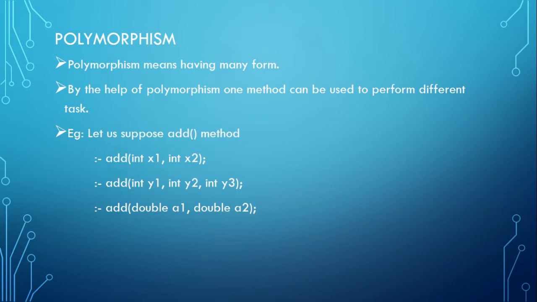We can also use the add method to add three integer values like add(int y1, int y2, int y3). Similarly, we can use the add method to add two double values, double x1, double x2. So we have used the add method to perform different tasks.